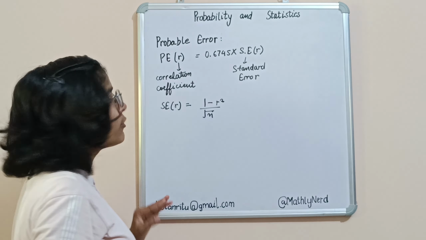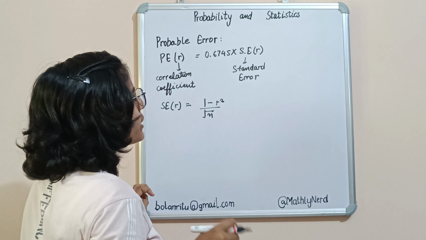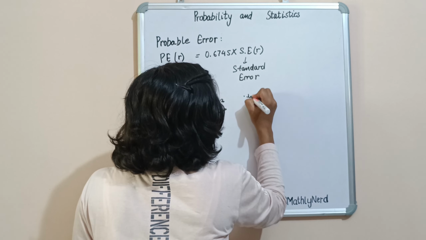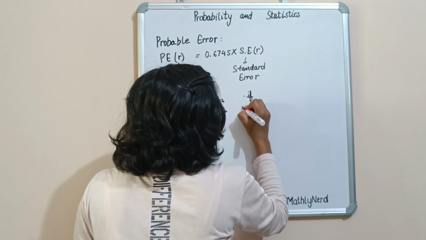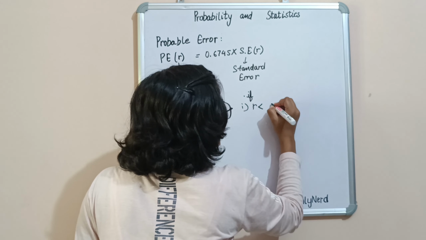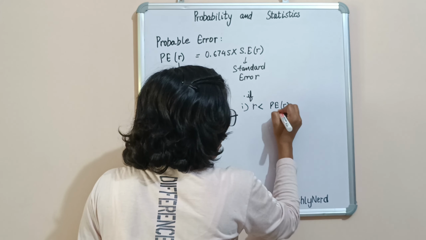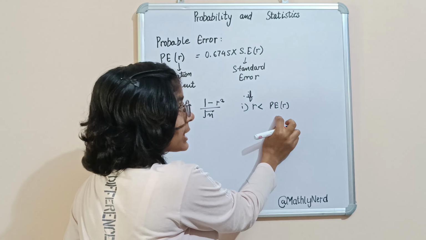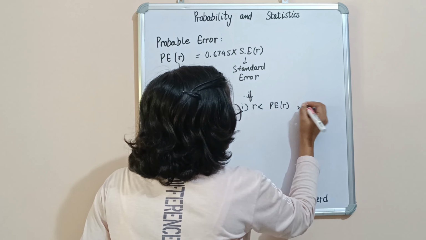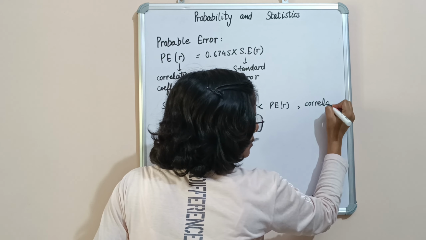Now, how do we use probable error in the correlation coefficient? First, if r is less than PE(r), which is the probable error in the correlation coefficient, then the correlation is insignificant.